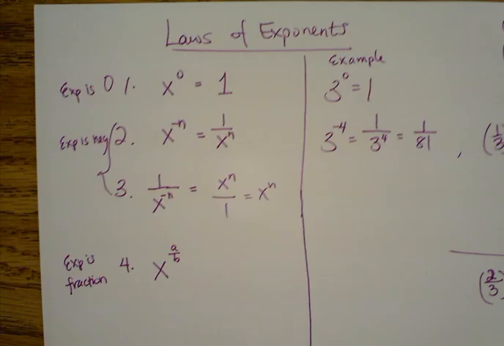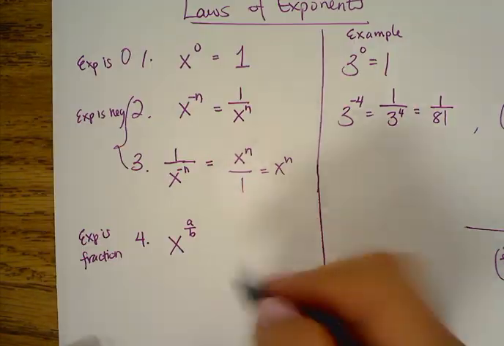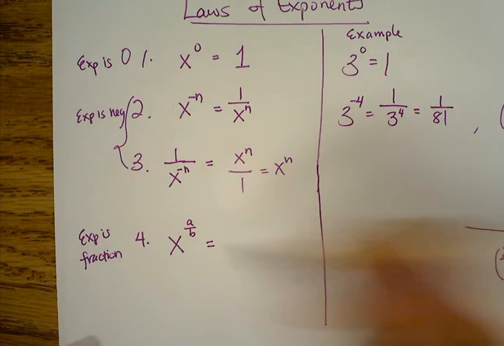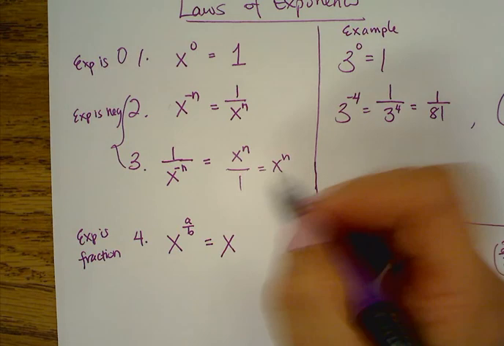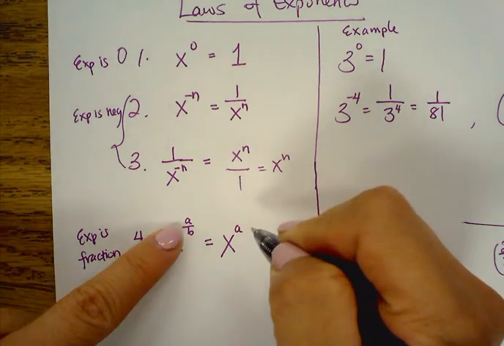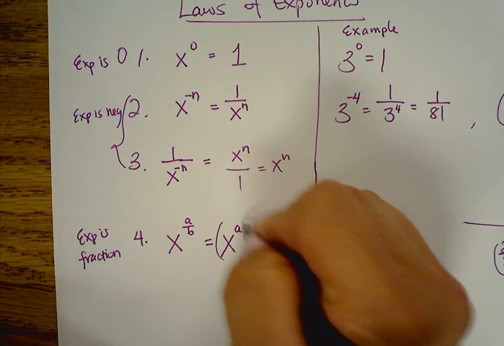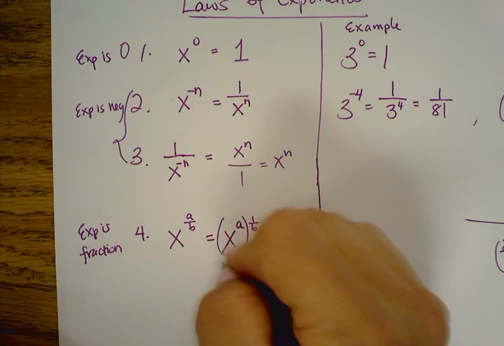Okay, what does that mean? It's a, and then you do the square root, right or no? Before you get there, I could break that up into x to the a power times 1 over b. Okay? Or we can say it's x, oops.